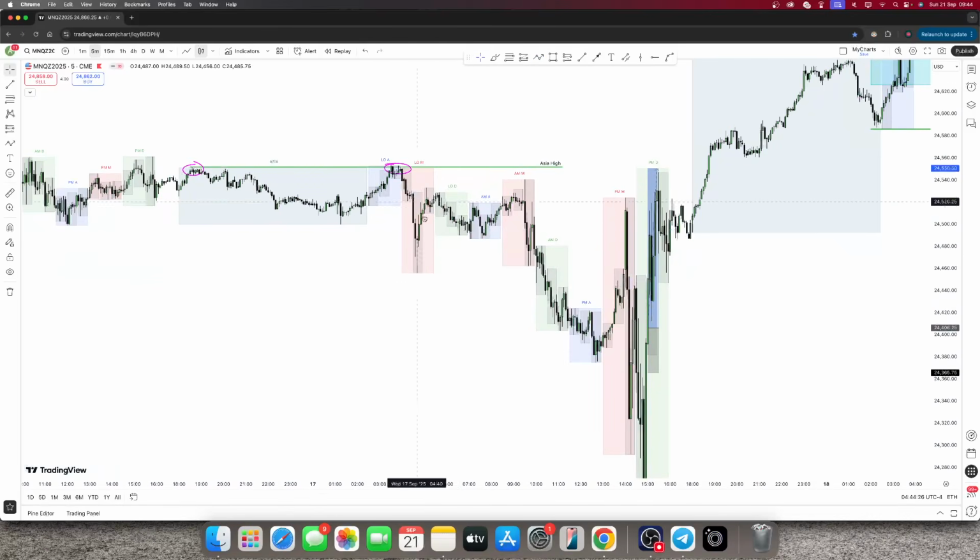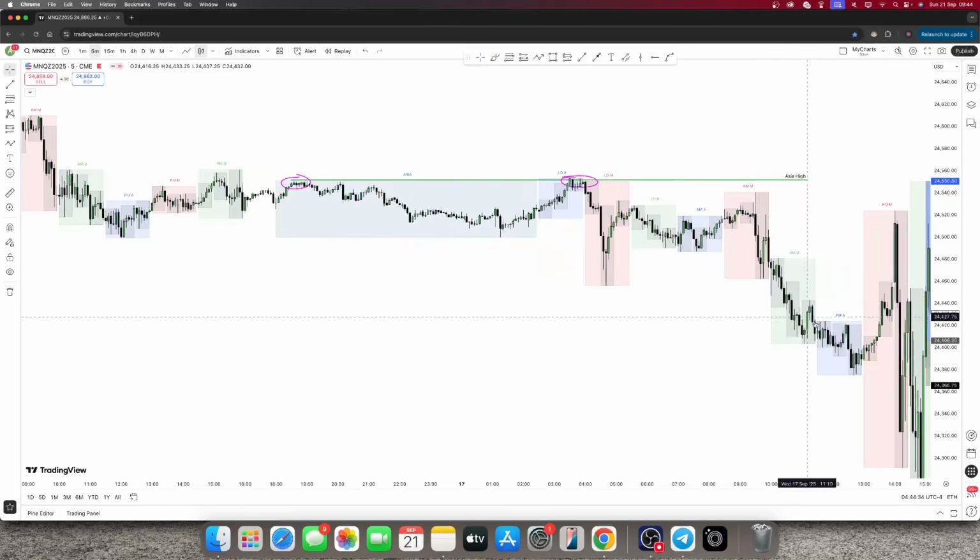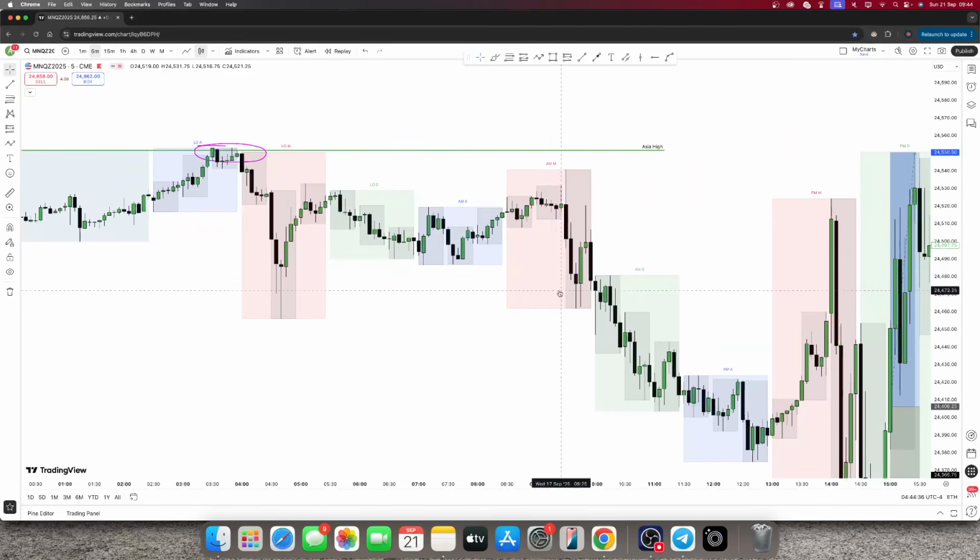So then what was happening here is during the New York AM session, price manipulated the highs, and you can see in action here how price manipulates and then reverts to the other side.